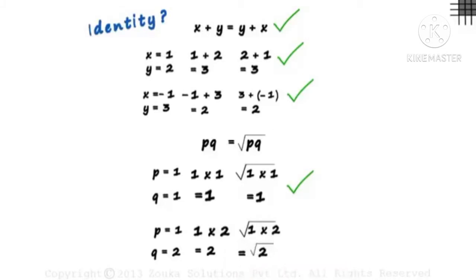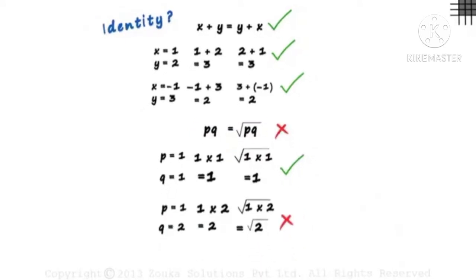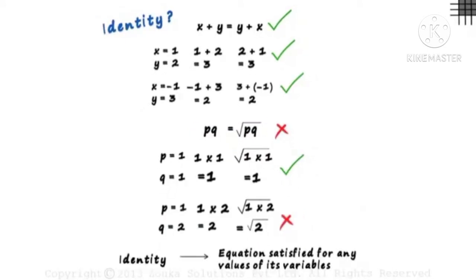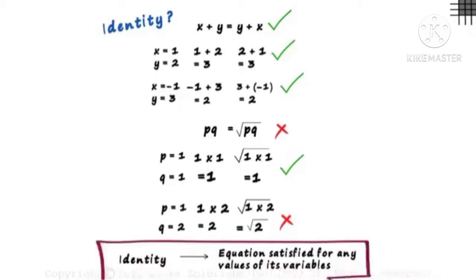So we can see that for these values of P and Q, the equation is not satisfied. Hence, this equation is not an identity. So if we have to summarize, we say that an identity is an equation that is satisfied for any values of its variables.